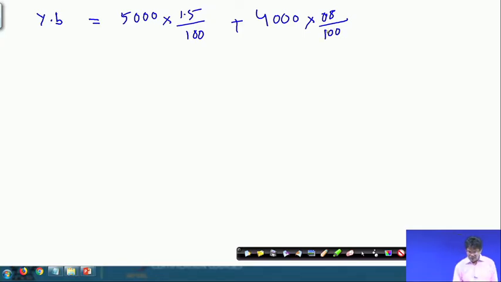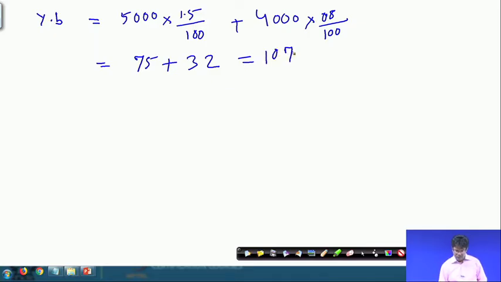So, the total demand of the crop is equal to 5000 into 1.5 by 100, so this is 75, plus 4000 into 0.8 by 100, that is 32. So, that is equal to 107 kg per hectare.